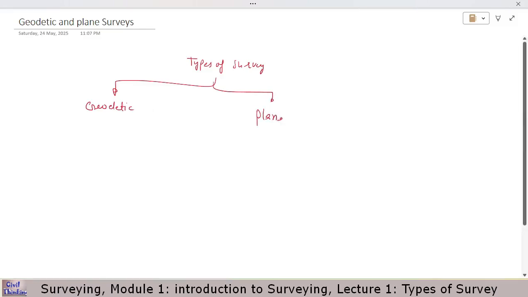In the geodetic survey, we consider the curvature of the earth. But in the plane survey, we make an assumption that the earth has no curvature. Okay, so let's move on.